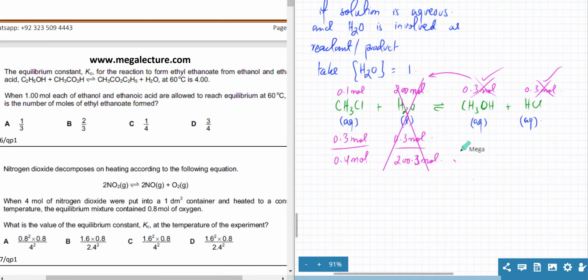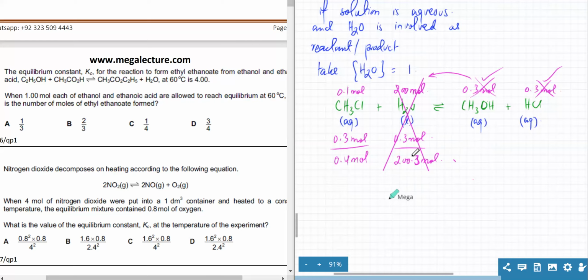Yes, sir. In case we do write it, would it make our answer incorrect? The problem is that it would have such a high concentration that this term would dominate. If you write it in the expression, this one value would make the whole thing a constant.